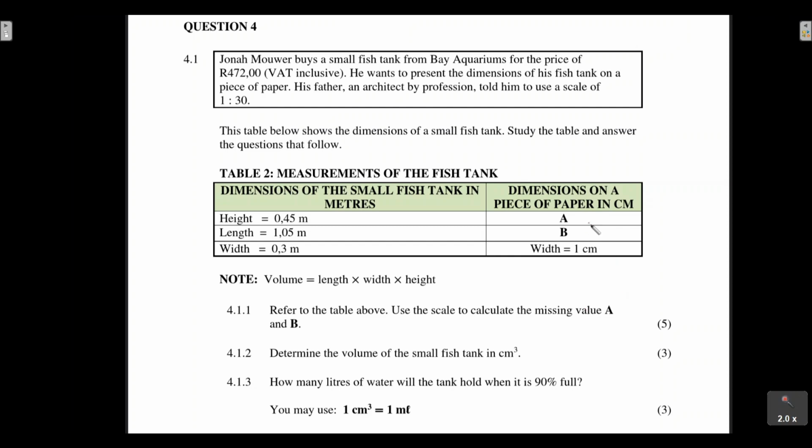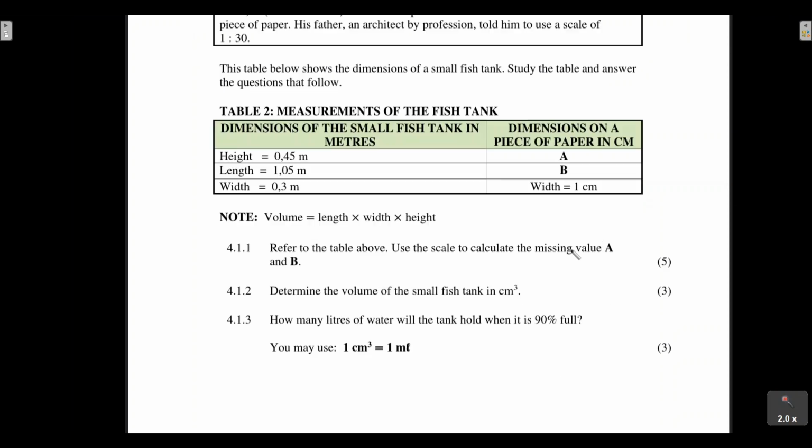So if you know that this topic gives you grief, please make sure that you watch this entire video tutorial. We're also going to be doing some conversions. We're going to be converting from meters to centimeters, and from centimeters cubed to milliliters, and then further on converting to liters.